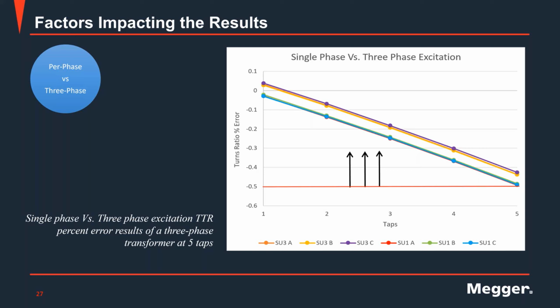You see how the error in this case moves closer to the zero area in the graph. And really important to note, except tap number 1, all the errors are negative. So that's why the curves move in the upper direction.